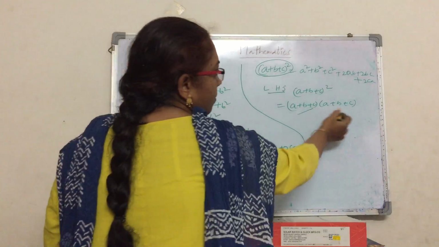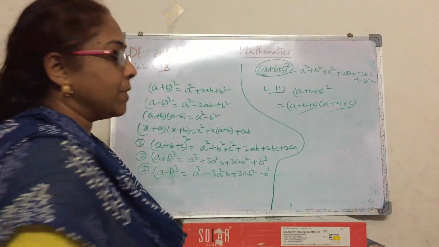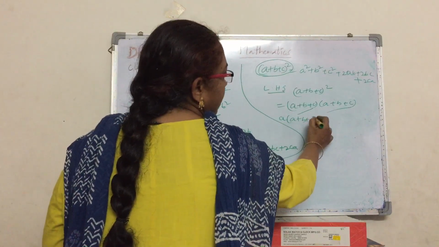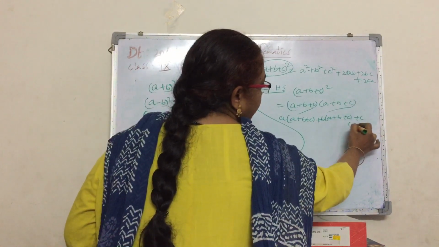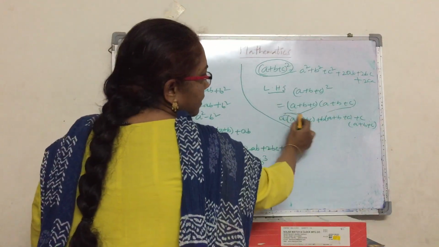This is a trinomial, this is also a trinomial. You know how to multiply trinomial by trinomial. So take a(a plus b plus c) plus b(a plus b plus c) plus c(a plus b plus c). Now multiply, take this a inside.